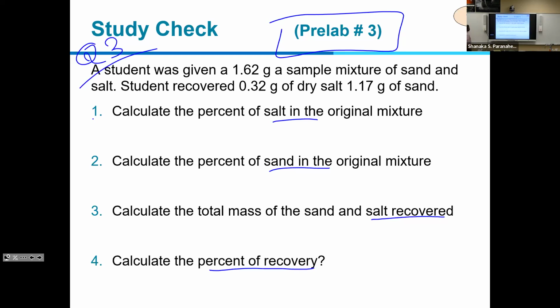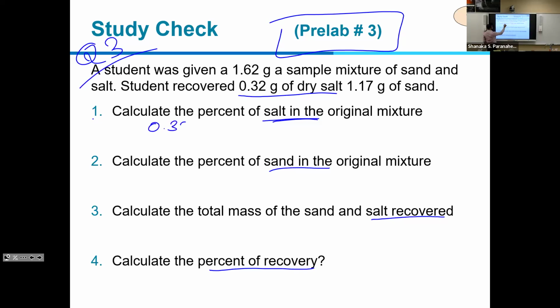Did anyone calculate the percent of salt? What is the answer? Yes, 19.75. So now we can see the specified item is salt. So read the question and identify the amount of salt recovered. It says 0.32 grams of dry salt recovered. That is the specified.